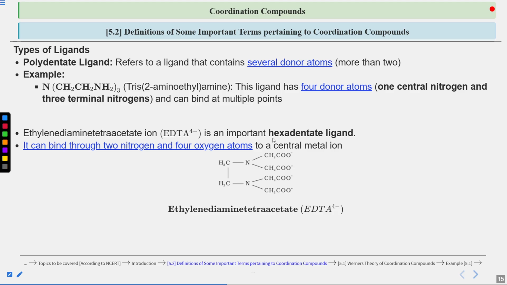So this is the structure of ethylenediaminetetraacetate, where at the terminals we have 4 oxygen atoms, and these 2 nitrogens to which these groups are attached. These 2 nitrogen atoms and these 4 oxygen atoms can bind to a central metal ion at multiple points. So this is also a polydentate ligand example, and it is a hexadentate ligand.